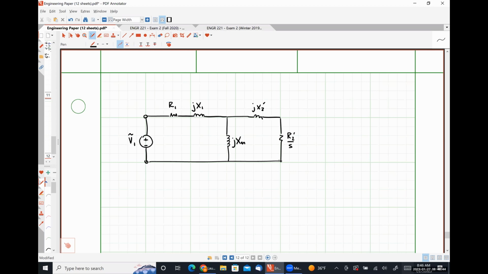So instead, we can use a Thevenin equivalent representation to simplify this.